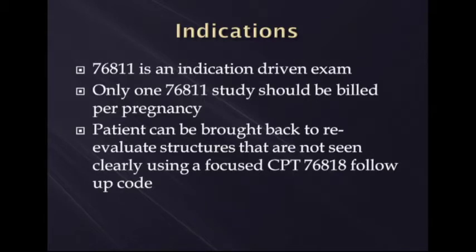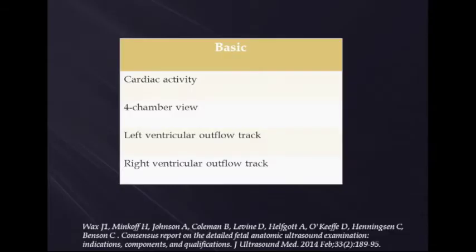What they basically said is this exam that we looked at previously, which was the four-chamber view of the heart plus the outflow tracts, they thought it should be expanded. Now, none of this has been officially adopted by the CPT codes, but this is what the task force recommended.